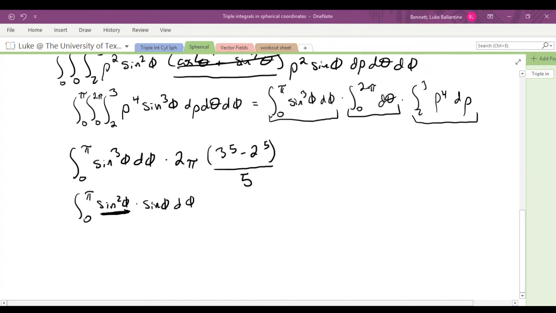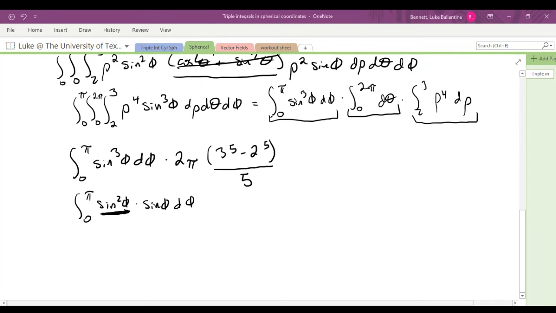Yep. We're going to use sine squared theta plus cosine squared theta equals 1. Isolate sine squared to get 1 minus cosine squared theta. That is always how you should do these higher power trig integrals.